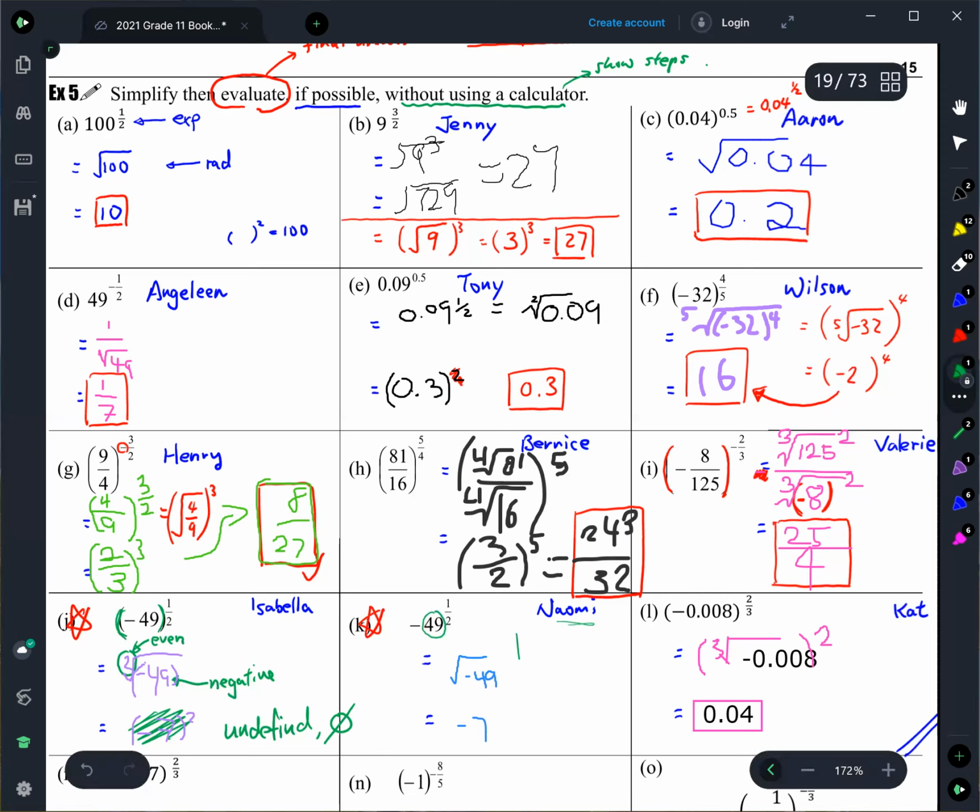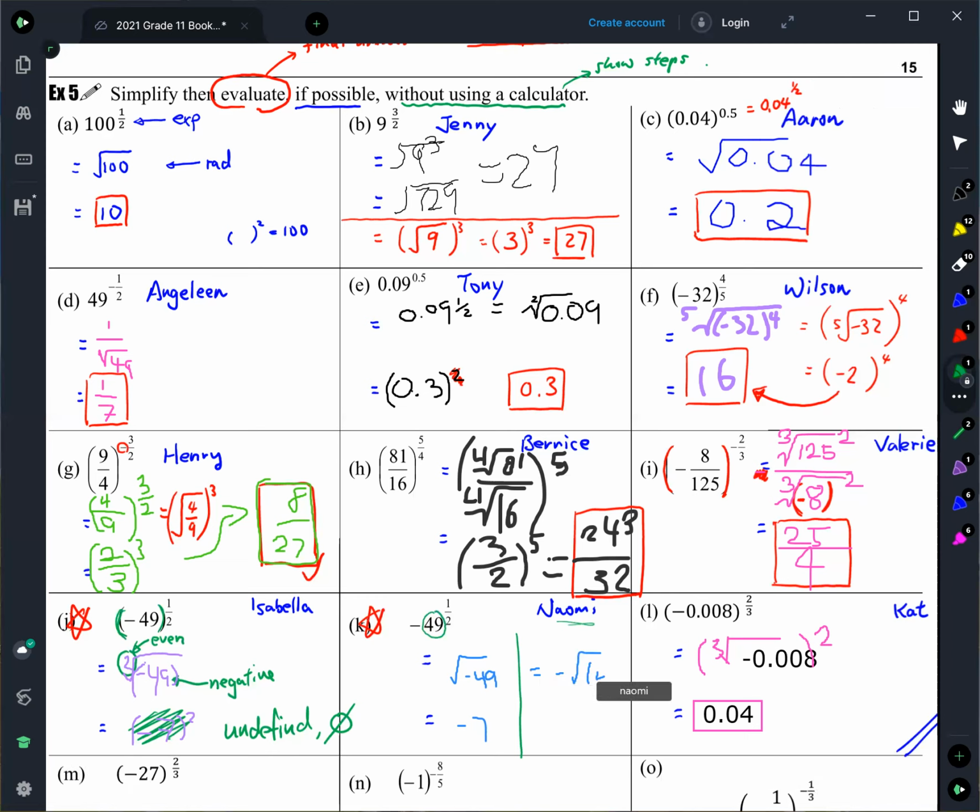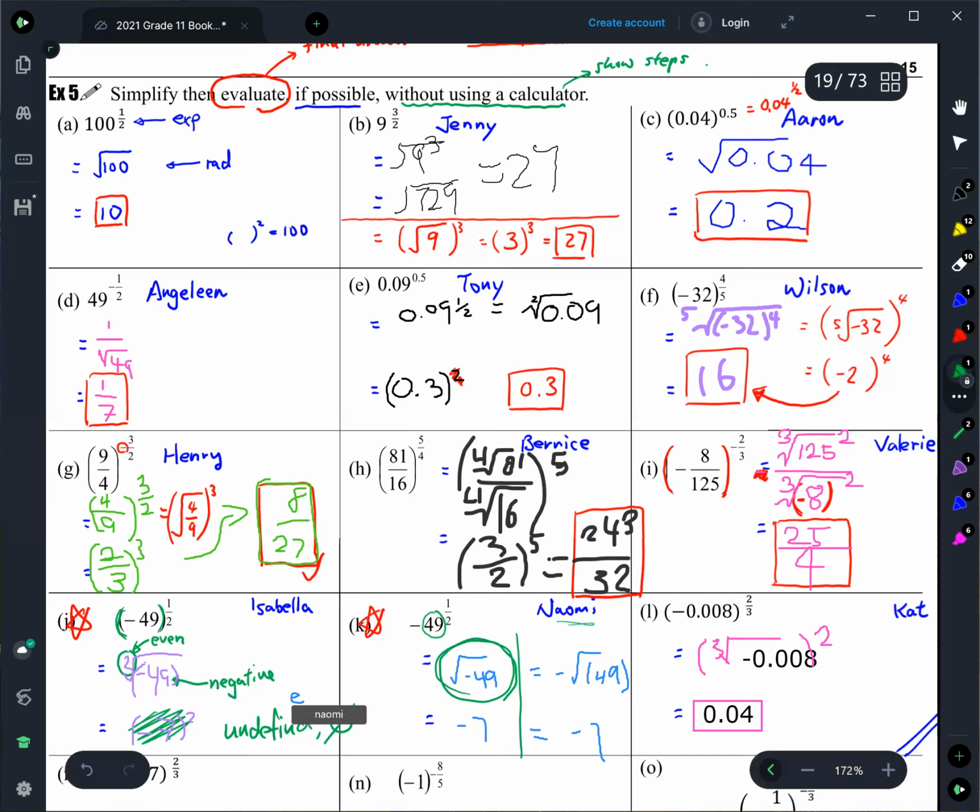Can you rewrite it on the side? Okay, so it affects which part is the base, and then the answer becomes... Even though the answer is the same, if it was the one on the left side, then this is undefined actually.